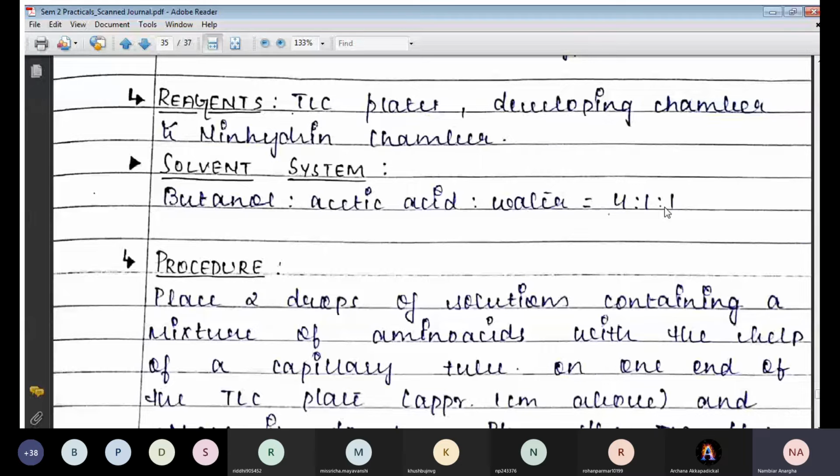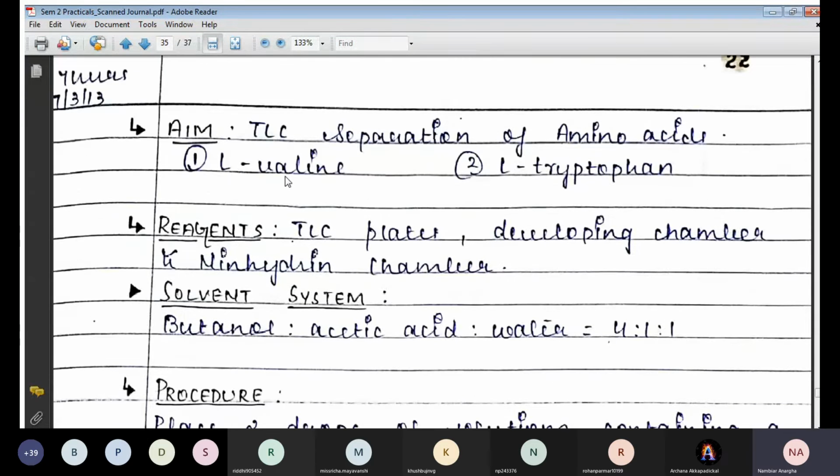Here, capital L, what does that indicate? Tell me. Levo, students. Yes, somebody was saying something.